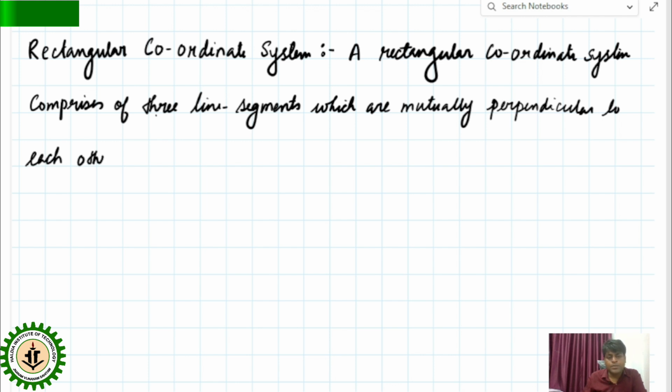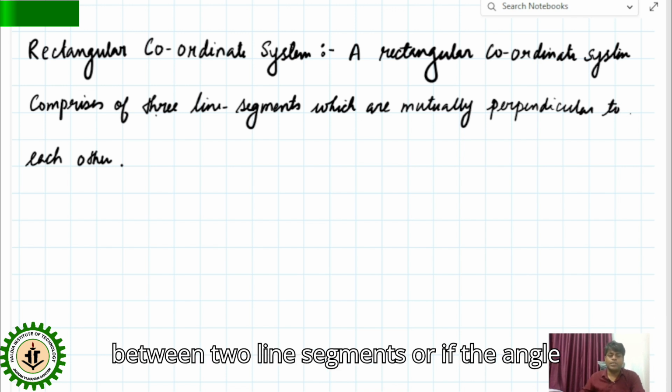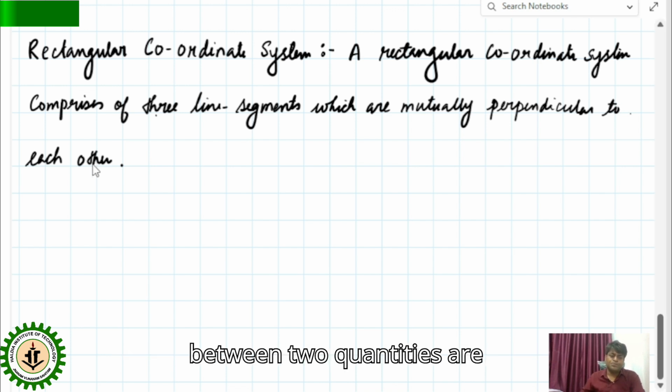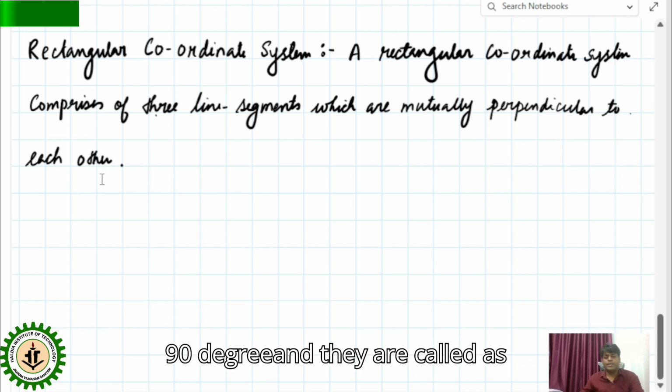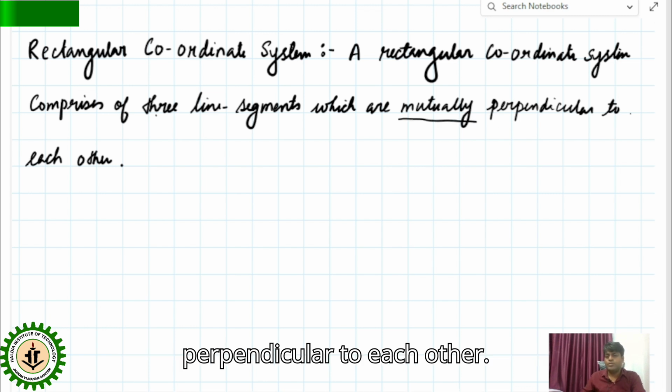Okay. So these three line segments are orthogonal in nature. If the angle between two line segments or between two quantities is 90 degrees, then they are called orthogonal quantities. Okay. So they are mutually perpendicular to each other.